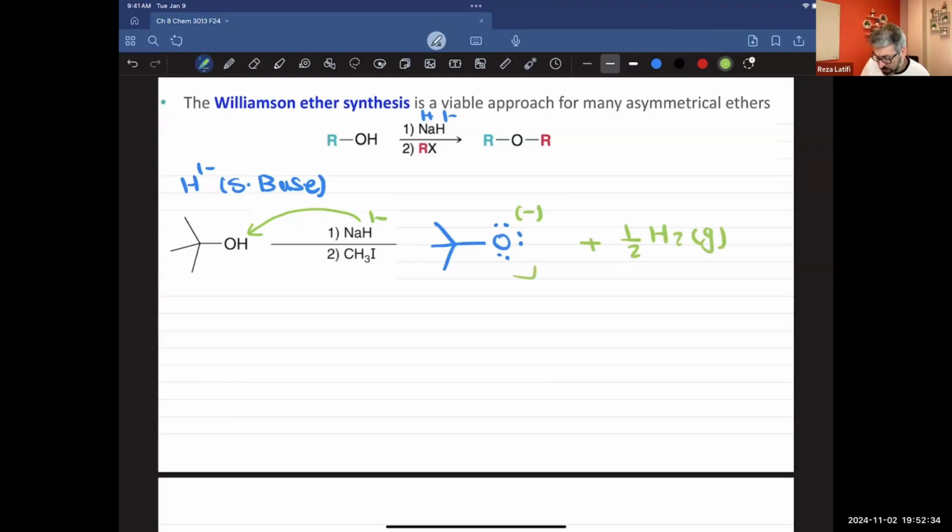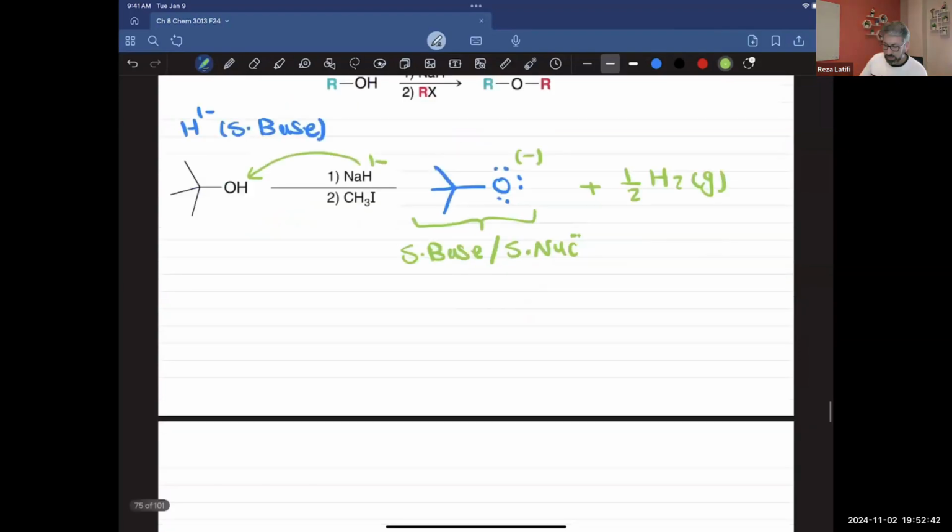Okay, now what will happen to this species? This is a strong base and strong nucleophile. Now, this one is going to react with the alkyl halide because it has a negative charge. It will react with the carbon. So we will have a carbon that has 3 hydrogen atoms, and also there is an iodide attached to it.